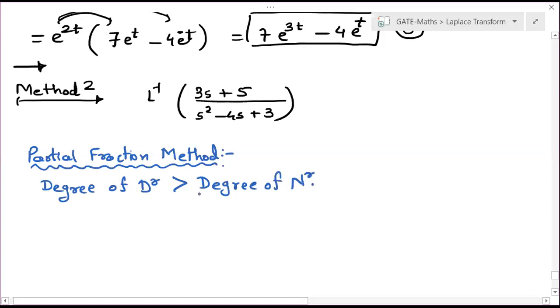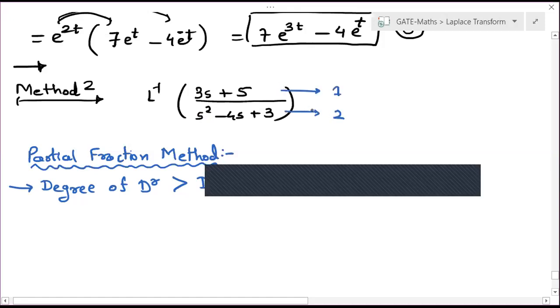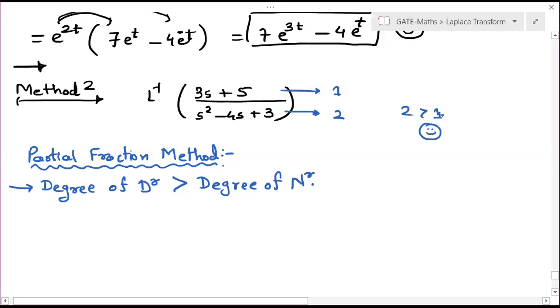And definitely degree is defined for polynomial only. So if you are writing this condition, that means in numerator and denominator in both the places you are having polynomial only. Now here in denominator, what is degree? Degree is its highest power. So in denominator our degree is 2, in numerator our degree is 1, right? So this 2 is greater than 1 or not, isn't it? Please give me some response. So now we can use this partial fraction method.